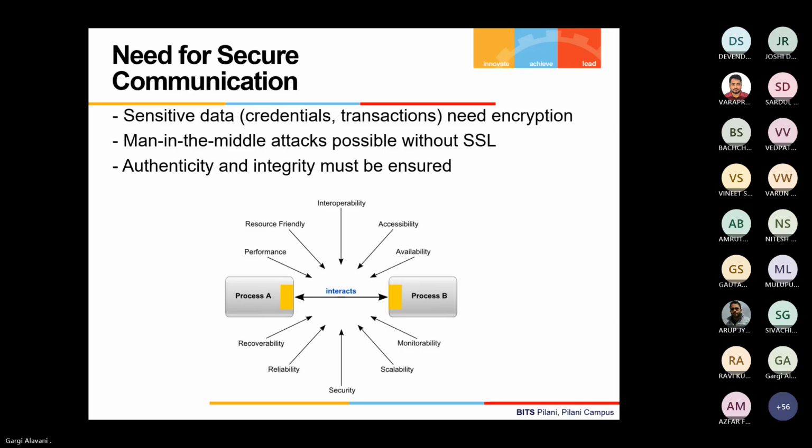For example, if I am trying to get something on my server, in between, a man in the middle attack will pose as a requester and will try to put their bugs inside your request body itself.